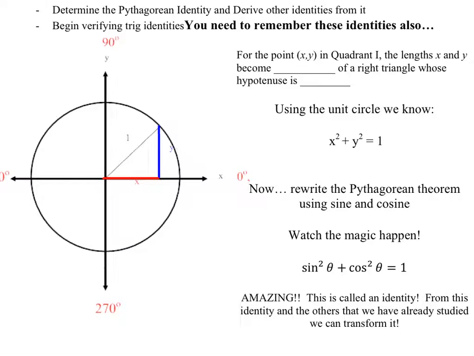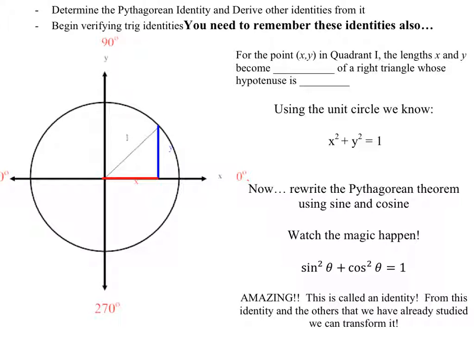So you remember when we did this, we did this. If you have a point x, y, here, remember this is a right triangle. This is the unit circle, so the radius is 1. So you know that this is x, and this is y, and the hypotenuse is 1.